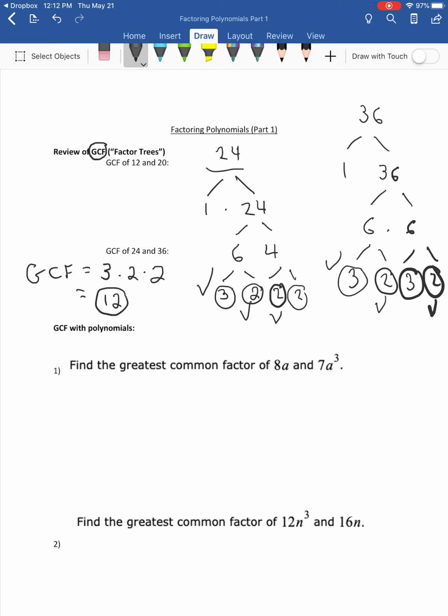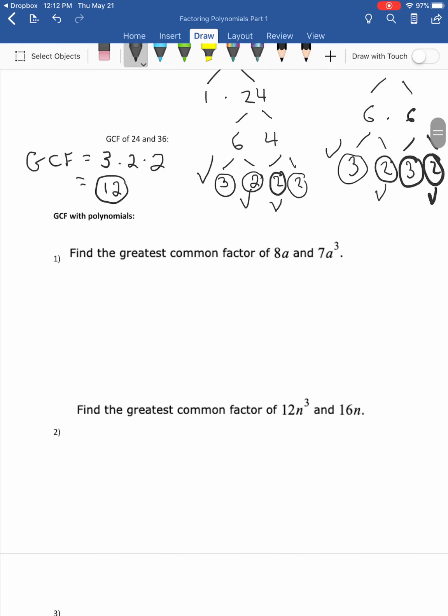Okay, so let's apply this sort of logic to polynomials with algebraic expressions. Find the greatest common factor of 8a and 7a cubed. All right, so we're going to start with making a factor tree for 8a. Okay, I can make 8a with 8 and a. All right, a is a prime because the only way to make a is a times 1.